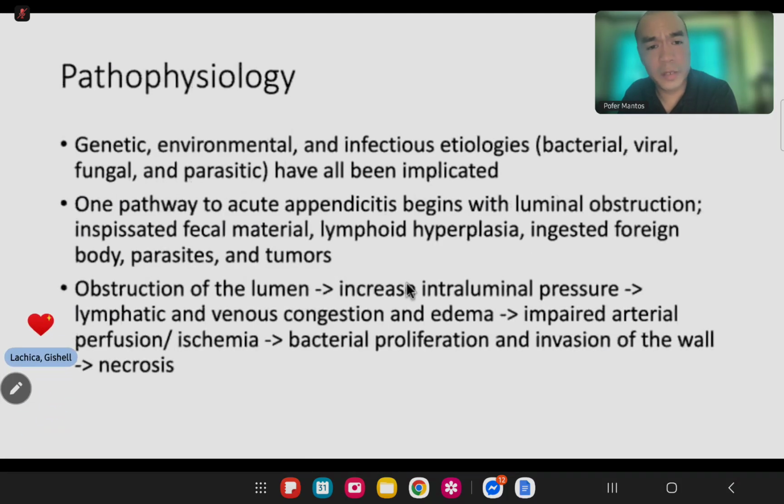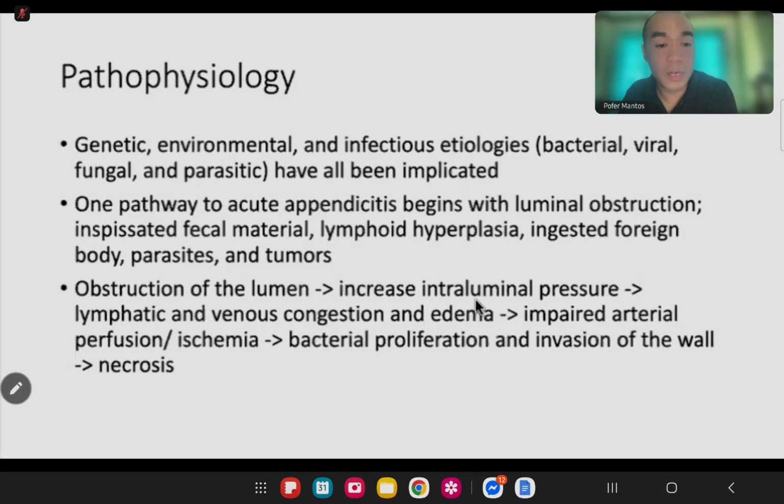Next is pathophysiology. Of course, infection, genetic or environmental factors may also play a part. So what happens in appendicitis? It usually starts with obstruction of the lumen of the appendix, usually with fecal material, but mucus can also obstruct it, or even tumors or parasites can enter the lumen.